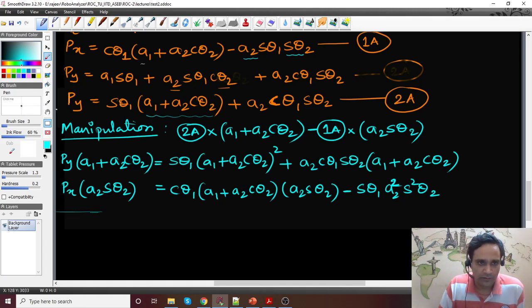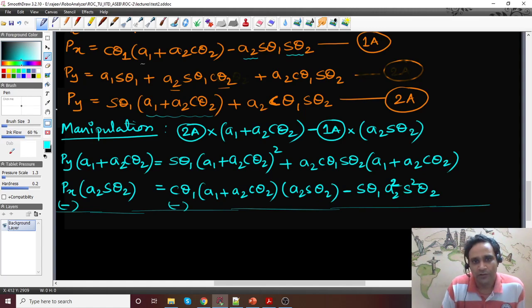Okay, now this expression has to be subtracted. So what do we have? This will come as it is. Please note that all these values are already given to us. The theta 2 is also determined in the previous step. So theta 1 values are not known to us, so we'll have to find.